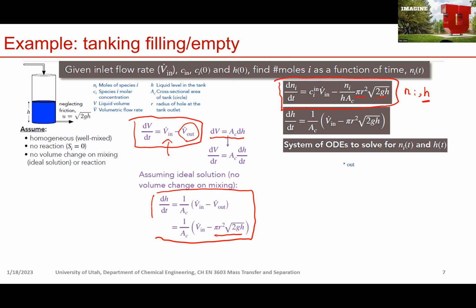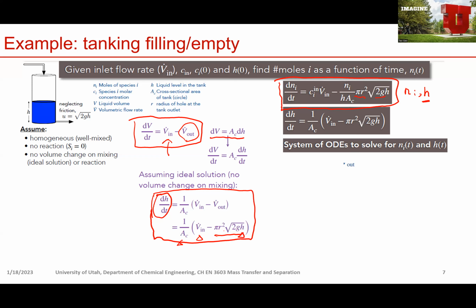This gives you another ordinary differential equation, where the derivative of H, which is how the liquid height changes with time, depends on itself. All the other parameters are known: Ac is known, V dot in is known, r is known.